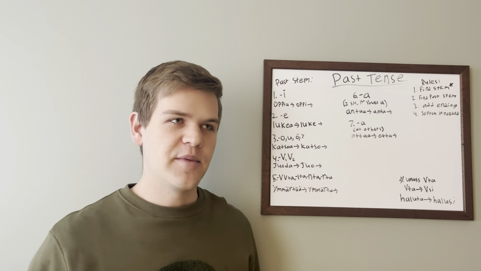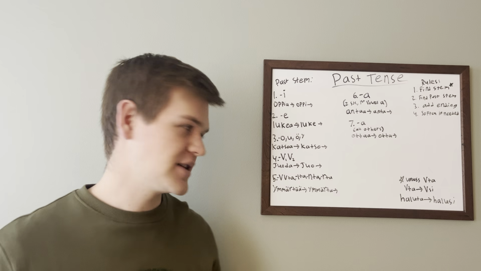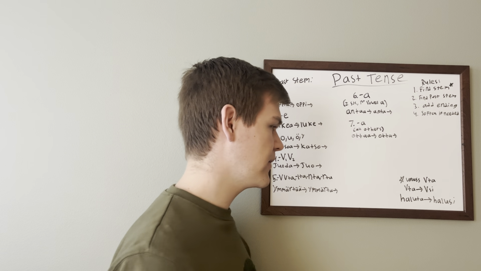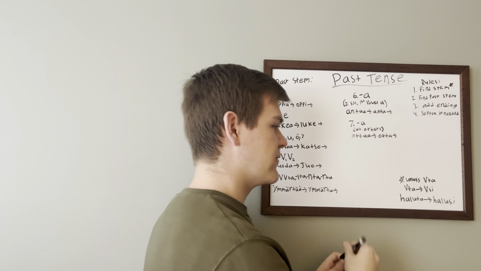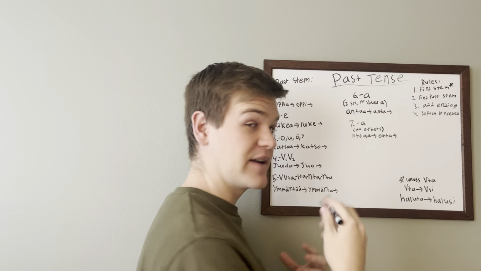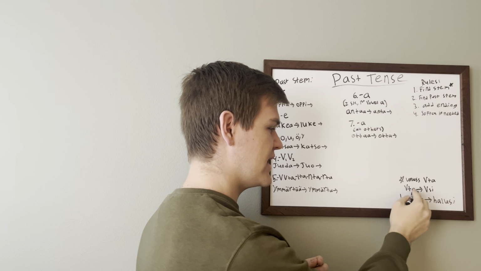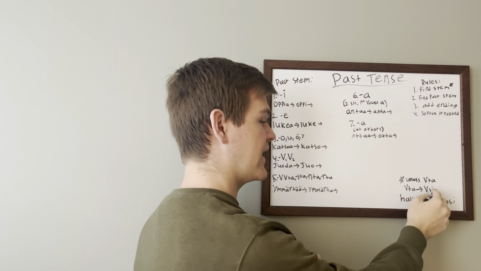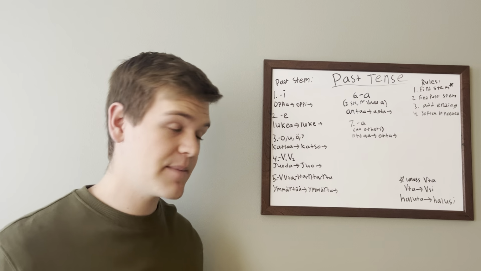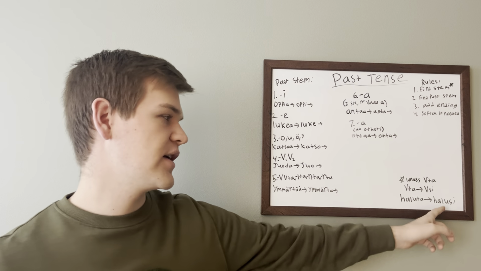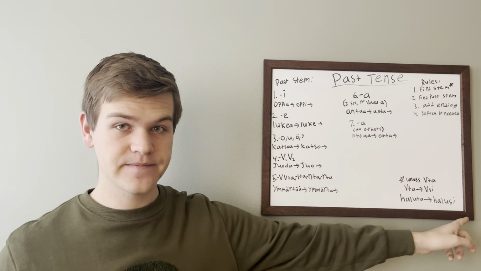So before we get into how all the other verbs work, I just wanted to say that if you have a vowel TA verb, what you can do is just get rid of the TA and add SI. So like a vowel TA will go to vowel SI. So for example, if we have the word haluta, then it's going to go to halusi.